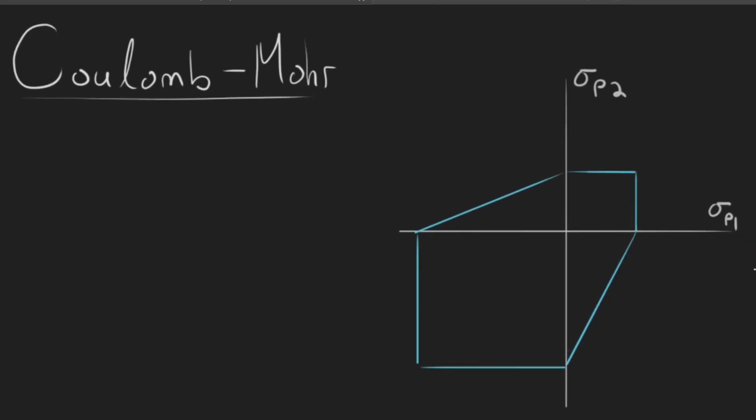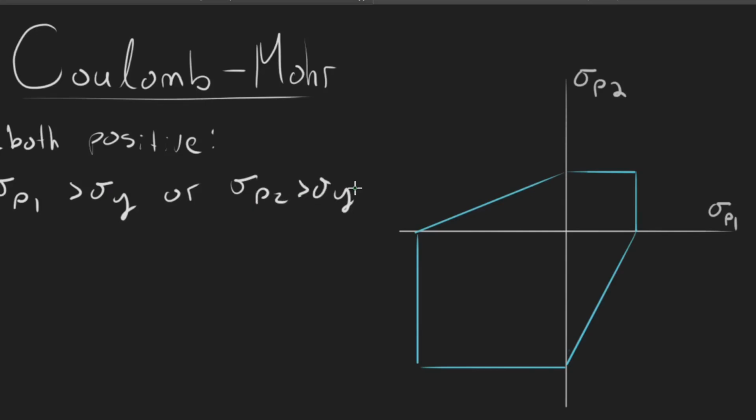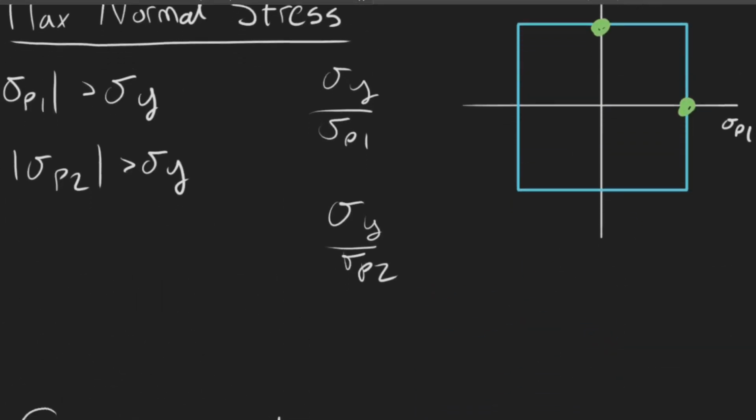Then for Coulomb-Mohr, you're going to have to look at the signs. If both stresses are positive, then we fail if sigma P1 is greater than sigma yielding, or sigma P2 is greater than sigma yielding. And again, you'd use the same kind of factor of safety method as this.